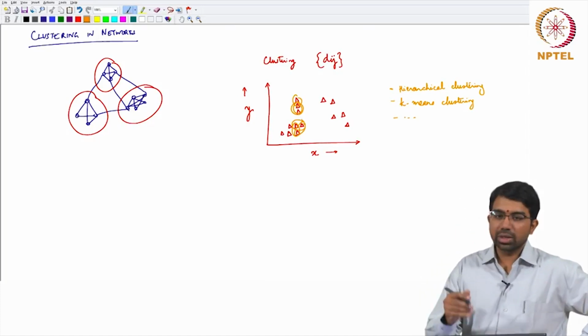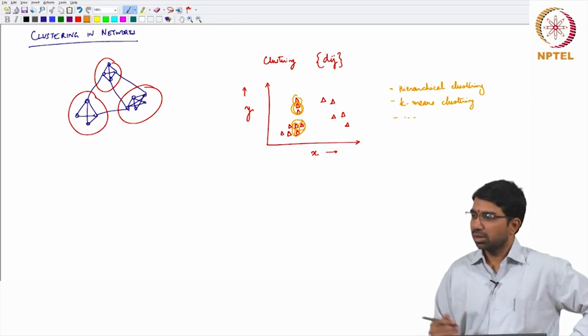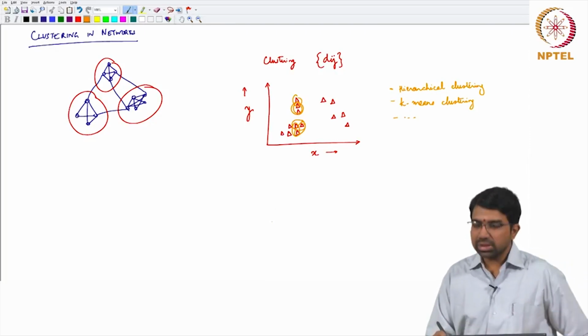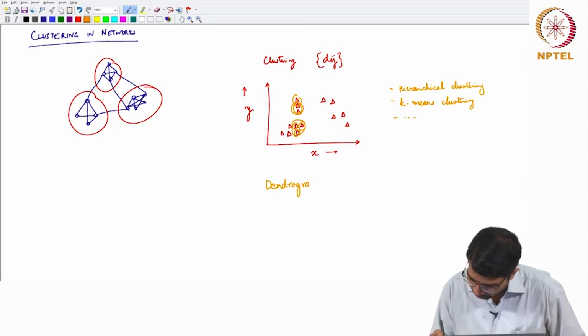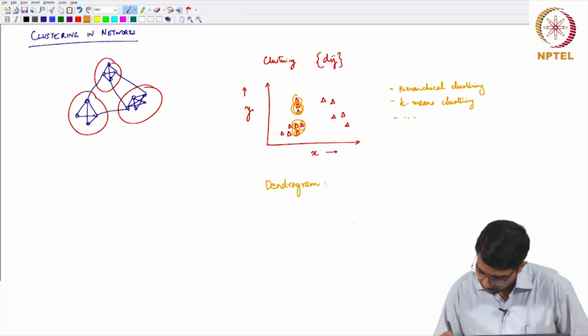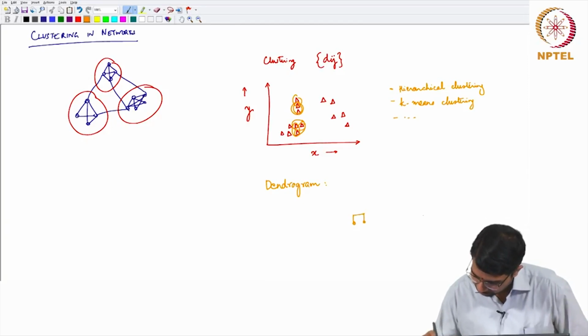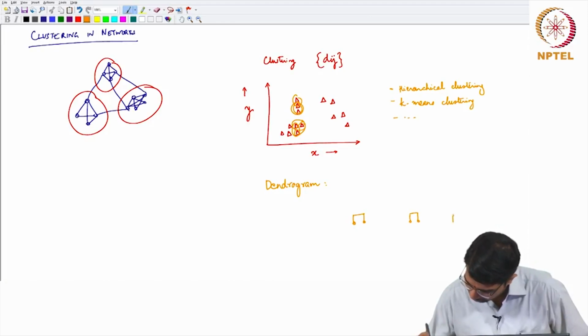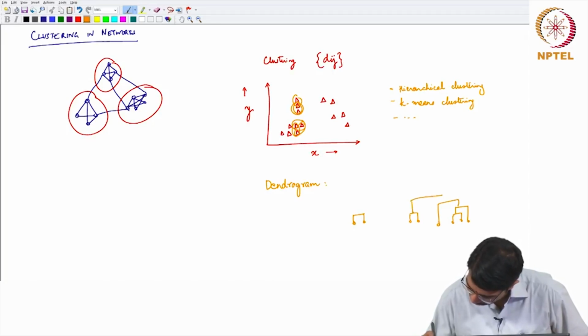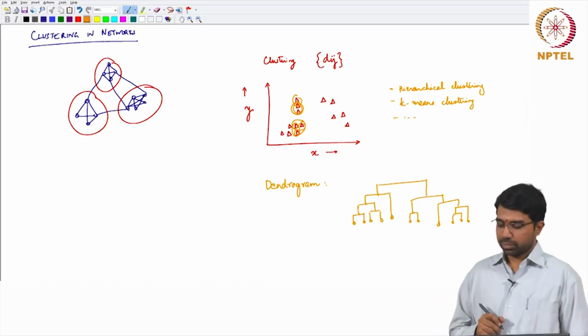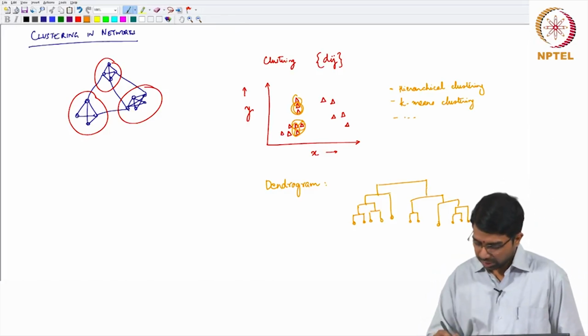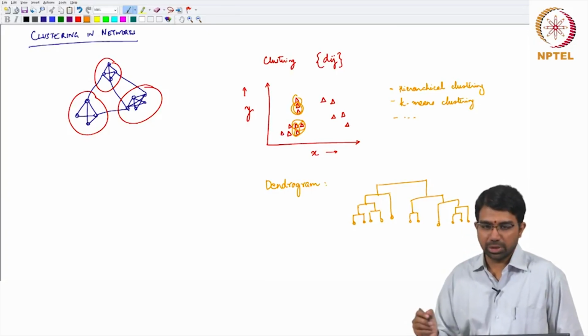So, you can get a ranking of which i, j pairs are closest to one another and you then start building what is known as a dendrogram. Something of this sort. So, the leaves of the dendrogram are all your data points.